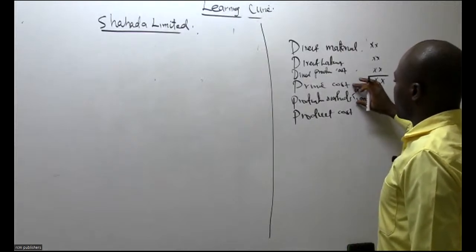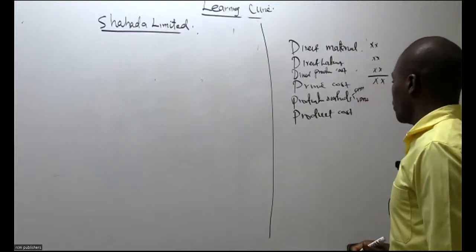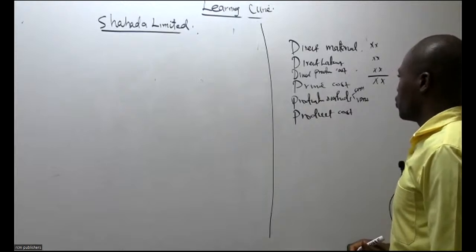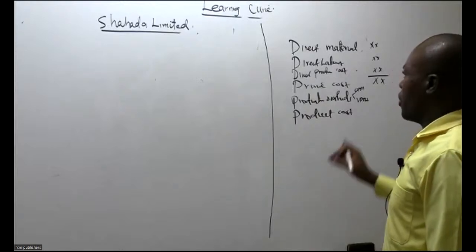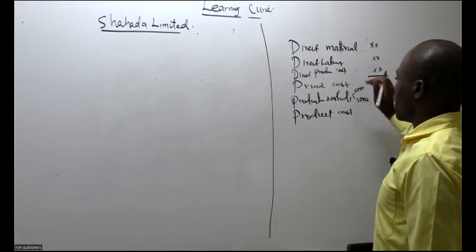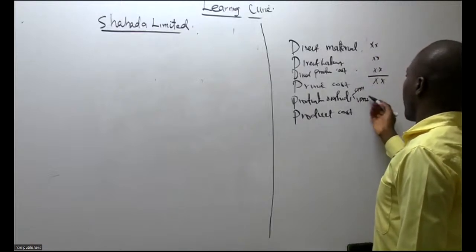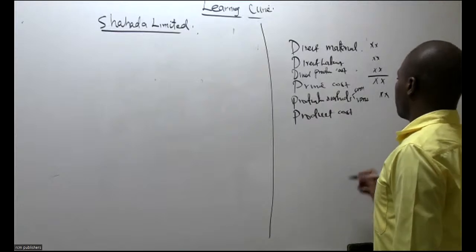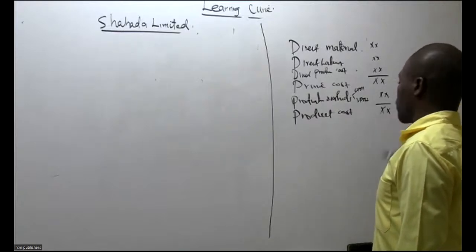This specification here, we are going to do more of it when we get to transfer pricing, whereby you're going to look at marginal and absorption costing. Here, we bring all of them, and then we get product cost.